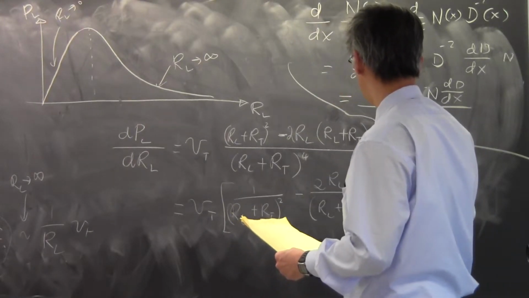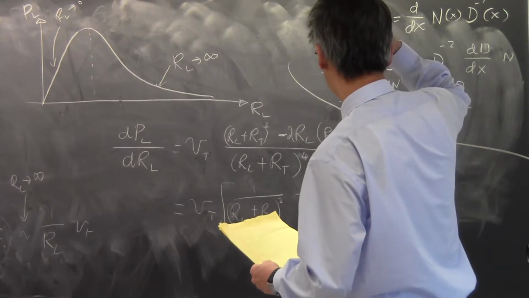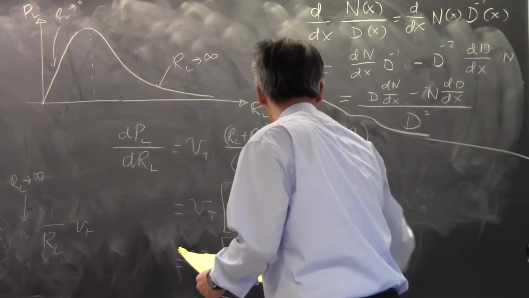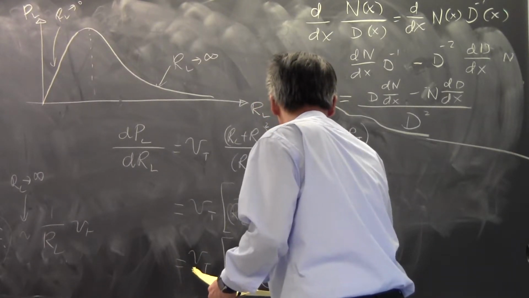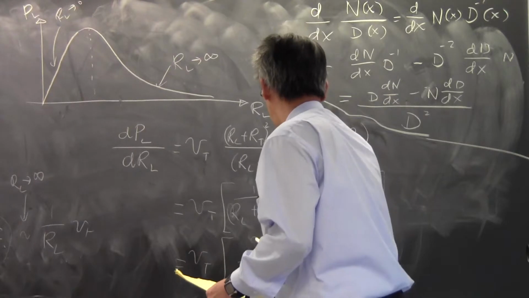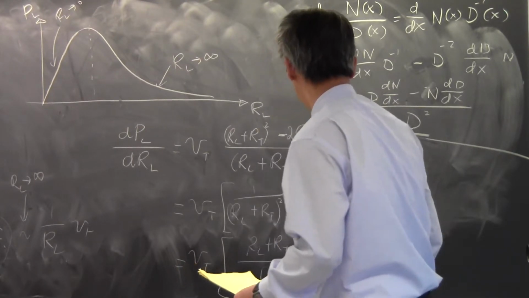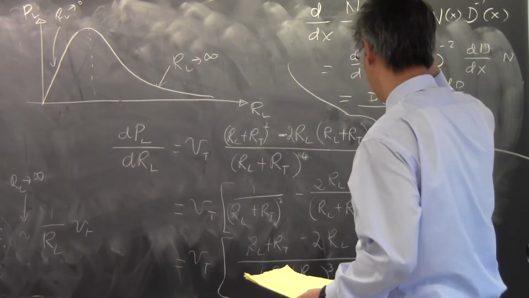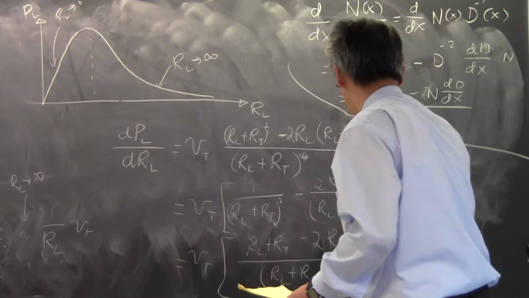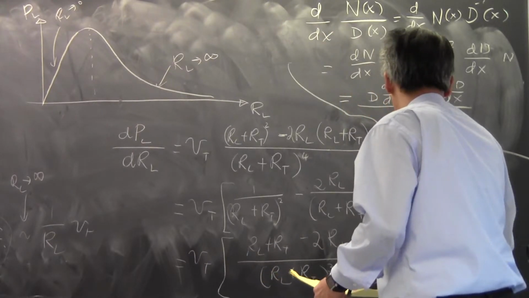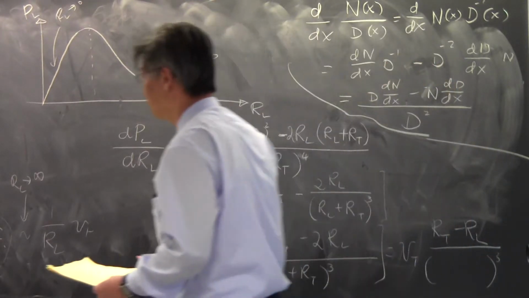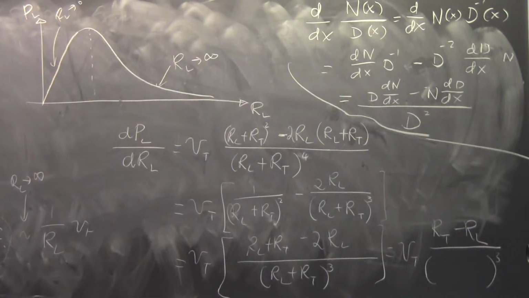If I bring everything into the same denominator again, I get VT and then RL plus RT cubed, and then RL plus RT over here, and then minus 2RL. And then I would have this term canceling with this term, and then I would have RT minus RL over the cube.